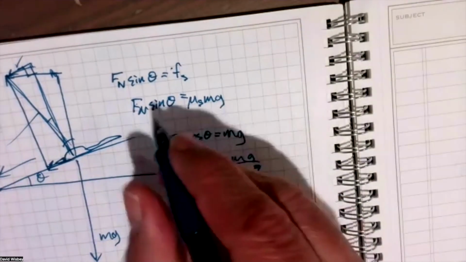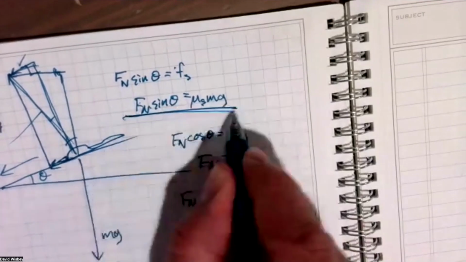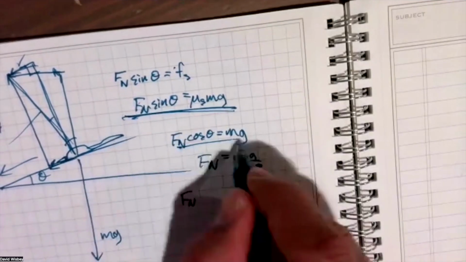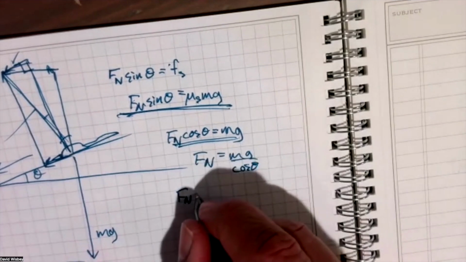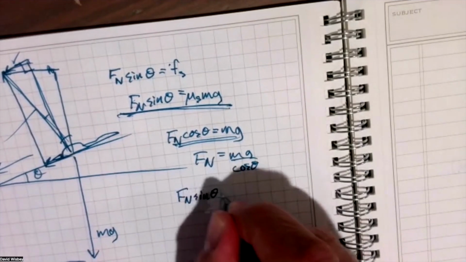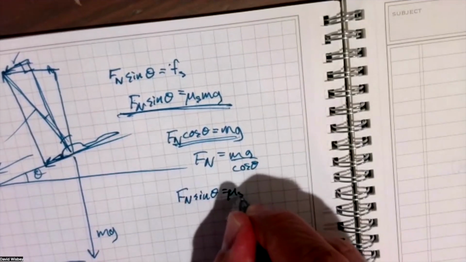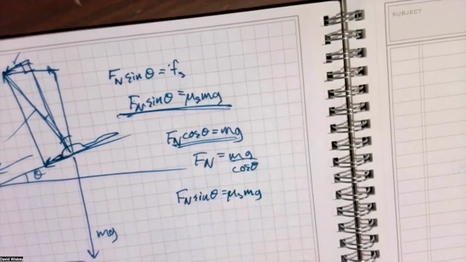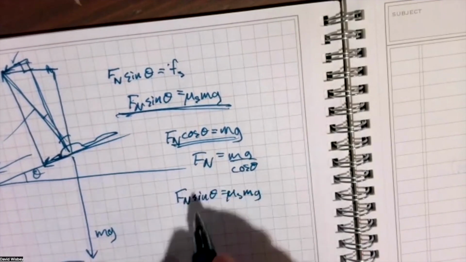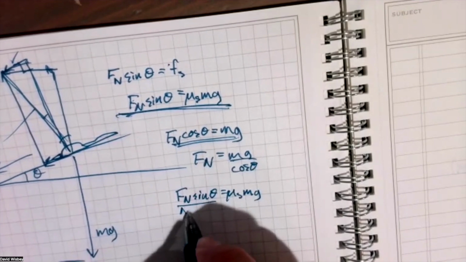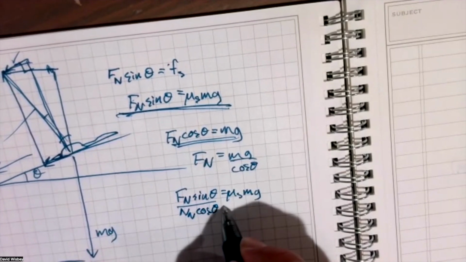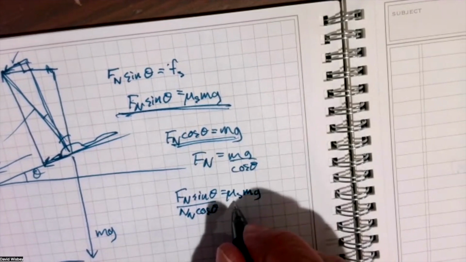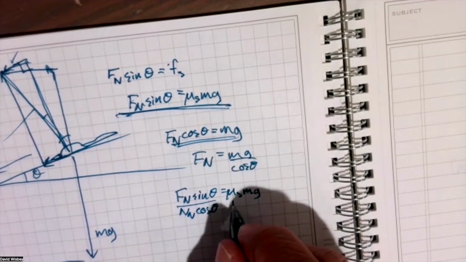I'm going to take this expression and divide it by this expression. We've only got a few more minutes, so I think we can do it. So we'll have F of n times sine of theta equals mu of s times m times g. And over here, it'll be F of n times cosine of theta equals m times g.